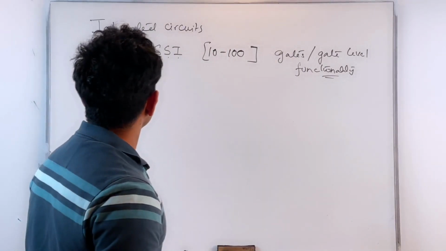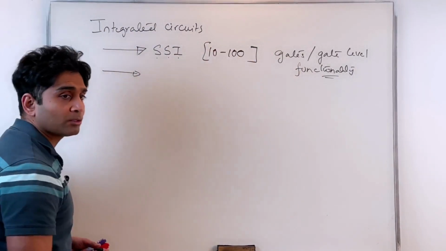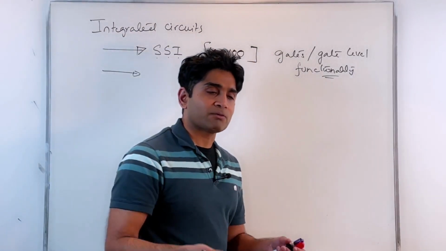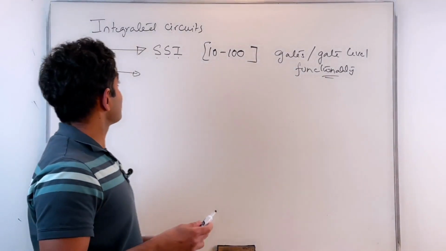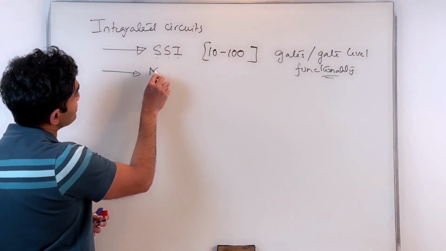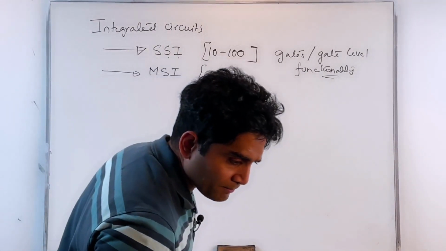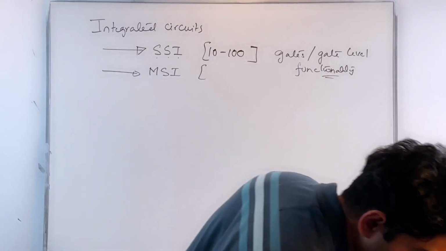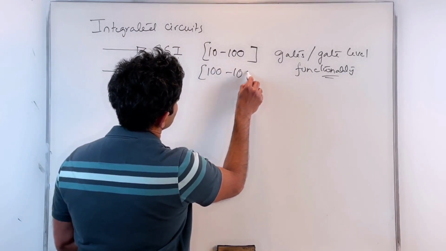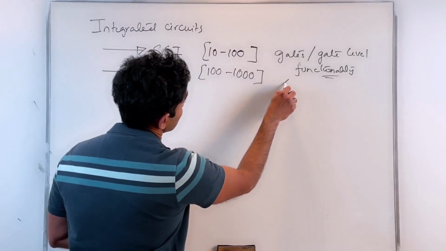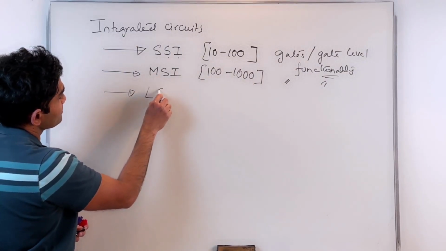Okay. Next, again, we are classifying them based on what kind of gate level functionality these circuits can provide. Next was the MSI, the medium scale integrated circuit, providing you with 100 to 1,000 gate level functionality. Then you have the large scale integrated circuits.